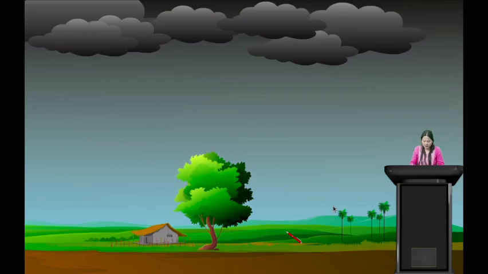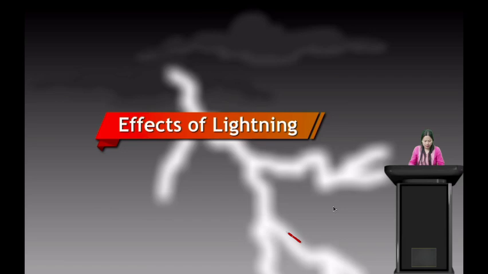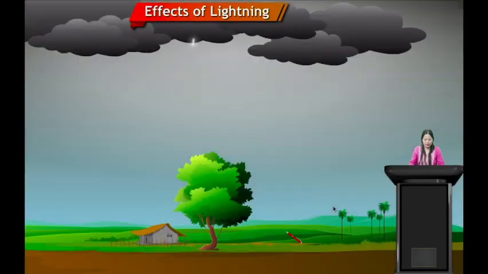Now let us see here. Here we see lightning striking a tree. Yes, so movement of charges from clouds to ground is very dangerous. Now, effects of lightning. What are the effects of lightning? Let us see.